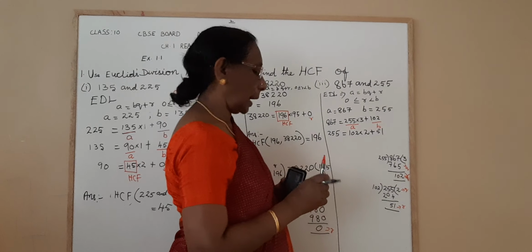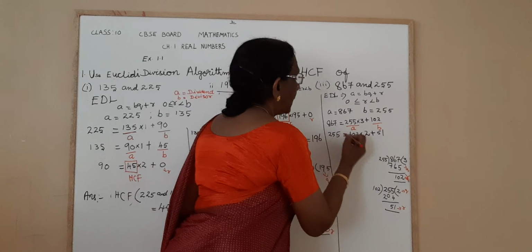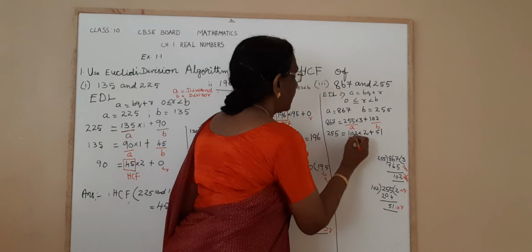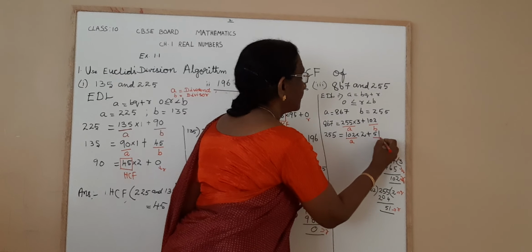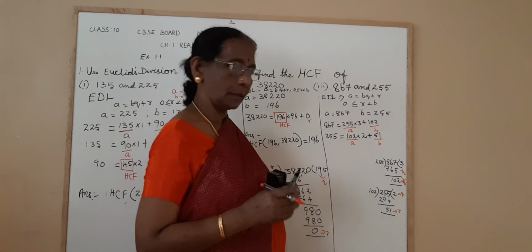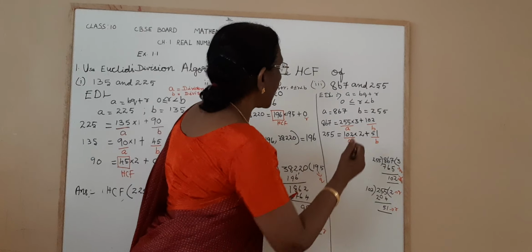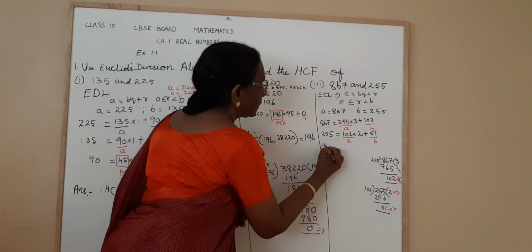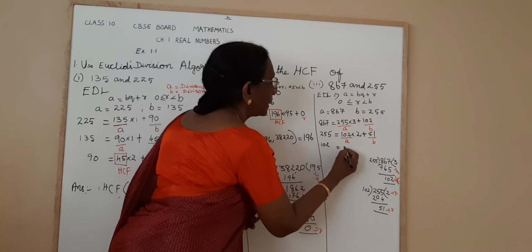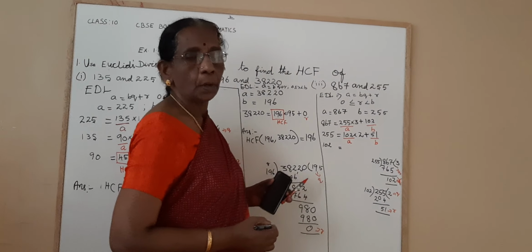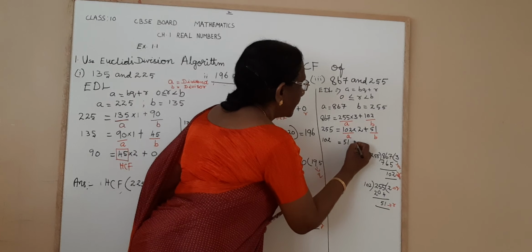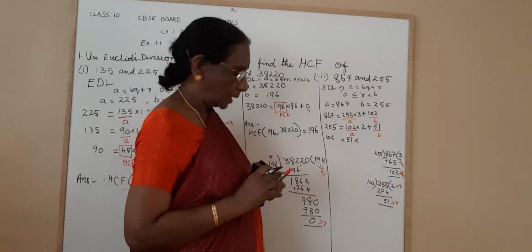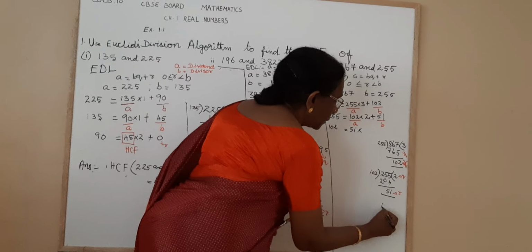Now select A. A will be the divisor of the previous one and this B will be B. Okay. And now we have to write this 102 in the form of A is equal to BQ plus R. B is what? 51 into. Okay. Now let's divide 102.